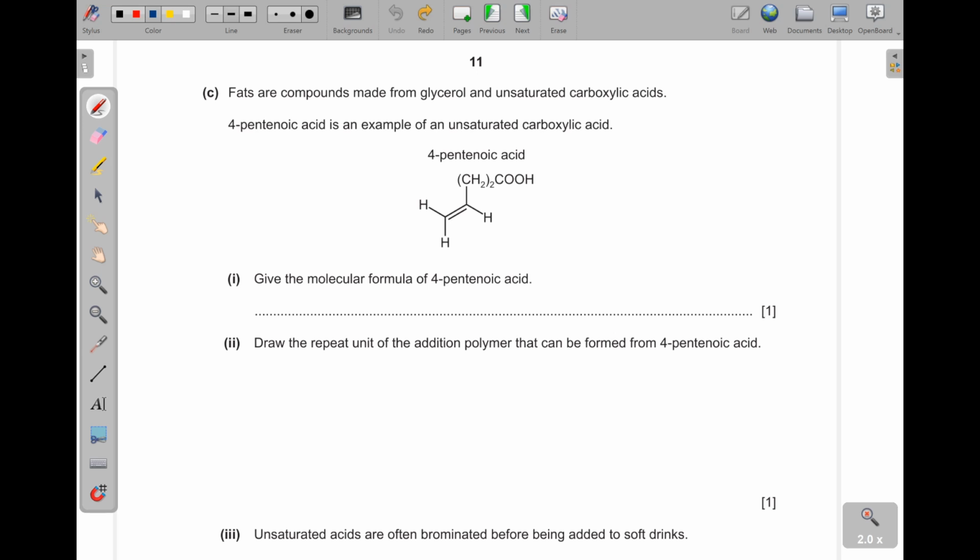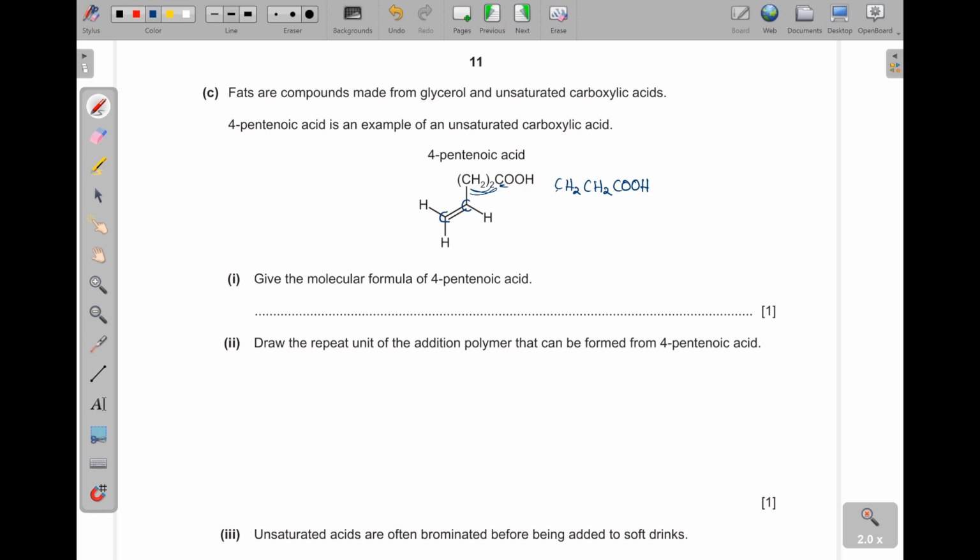But the empirical formula shows the simplest whole number ratio of the atoms in a given compound. So here there is a carbon. How many carbons are we seeing? 1 here, there are 2 here. In other words, this is the same as saying CH2, CH2, COOH.